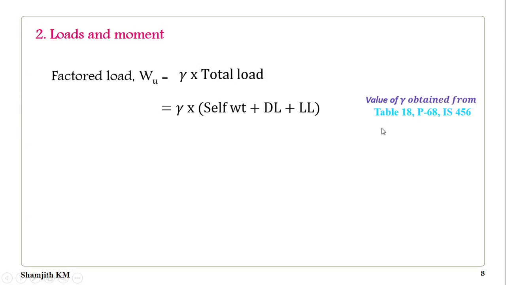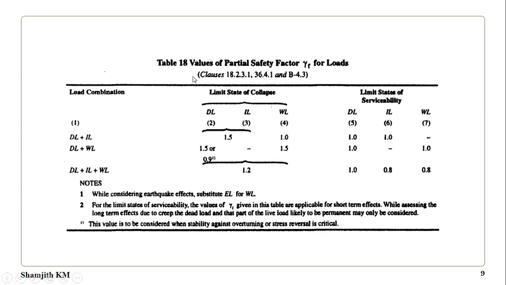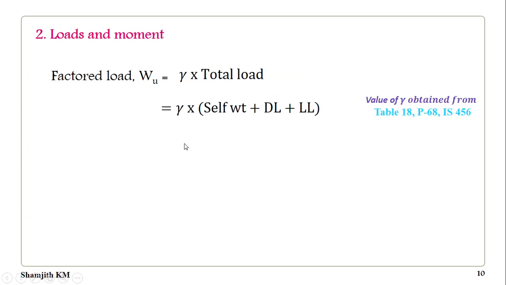So we will be getting the value of gamma, this partial safety factor. We can obtain it from Table 18, page 68, IS 456. In Table 18, we will be getting different load combinations. Here we will be having dead load plus live load. So we will be using 1.5 as the partial safety factor for loads. We will be taking gamma f, or gamma, equal to 1.5.